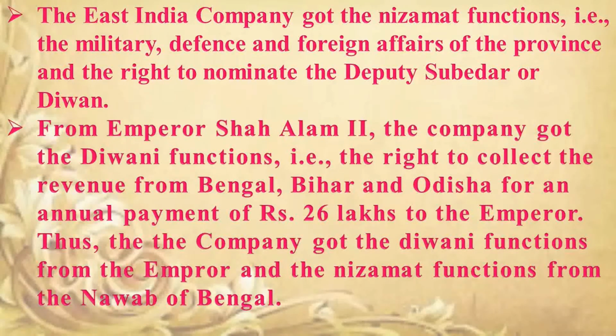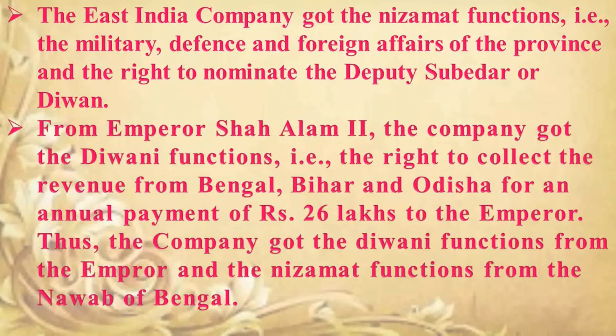From Emperor Shah Alam II, the company got the Diwani functions, that means the right to collect the revenue from Bengal, Bihar, and Odisha for an annual payment of rupees 26 lakhs to the emperor. Thus, the company got the Diwani functions from the emperor and the Nizamat functions from the Nawab of Bengal.